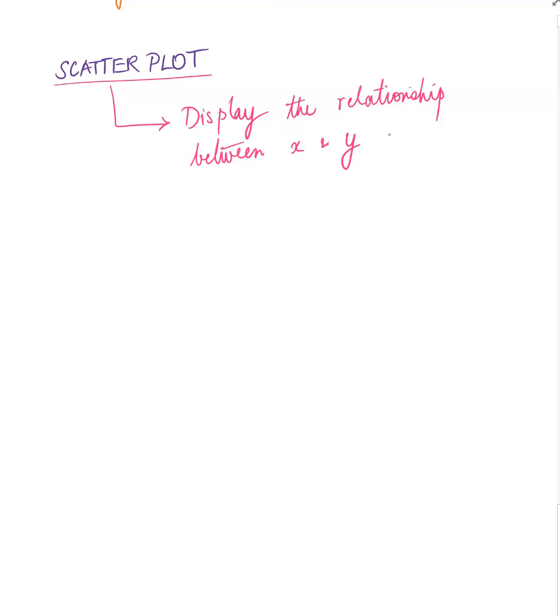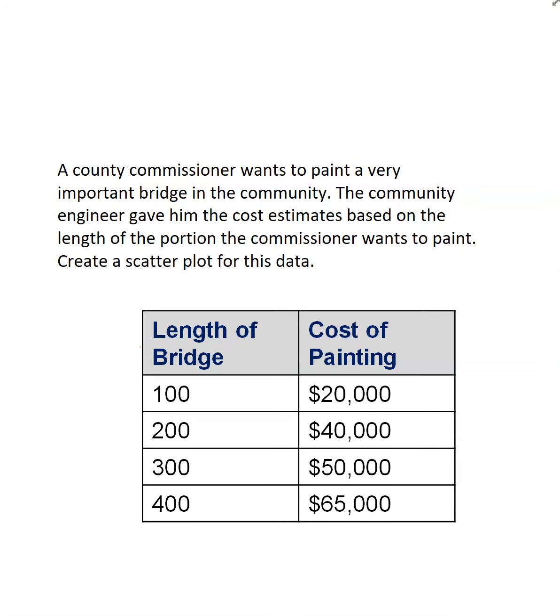Okay? So then let's take a look at a data set. A county commissioner wants to paint a very important bridge in the community. The community engineer gave him the cost estimates based on the length of the portion the commissioner wants to paint. Create a scatter plot for this data. So we have two columns, the length of the bridge and the cost of painting.